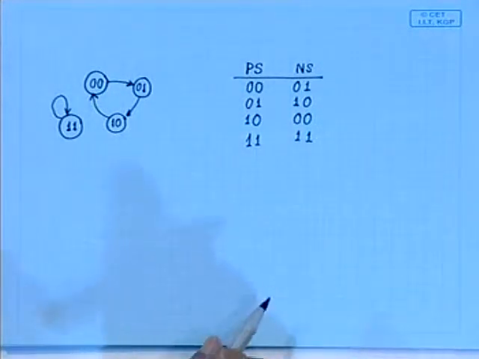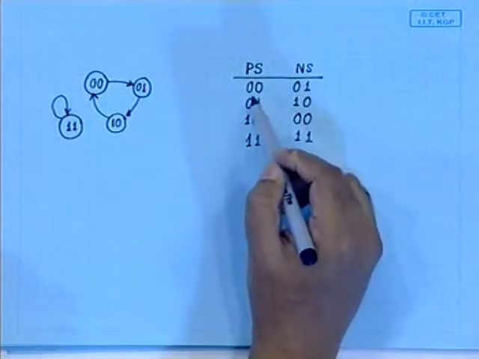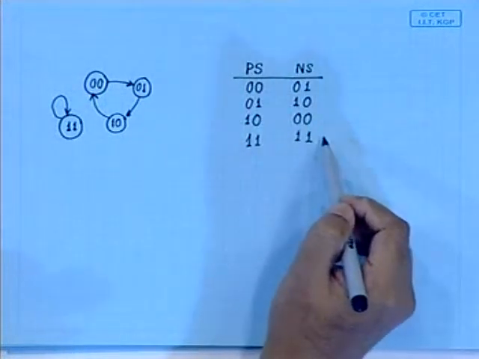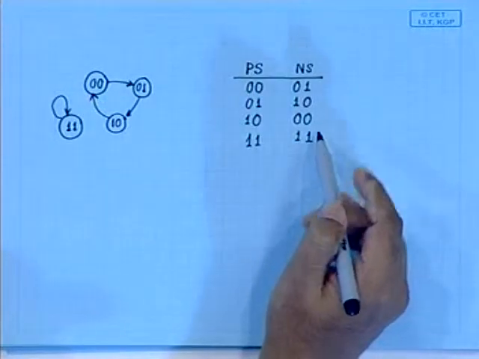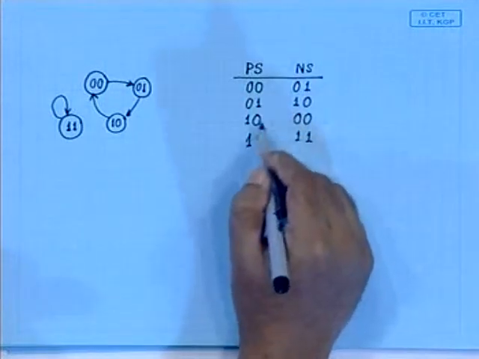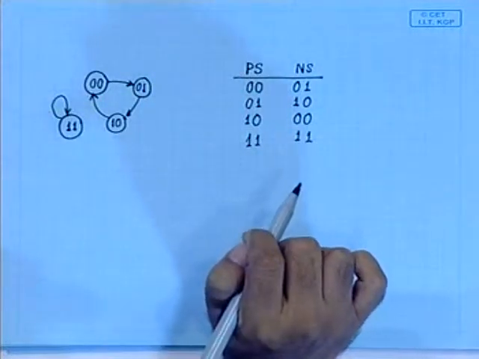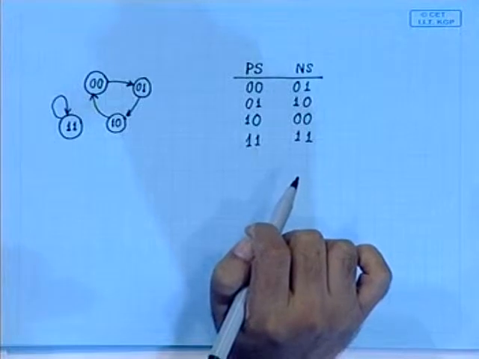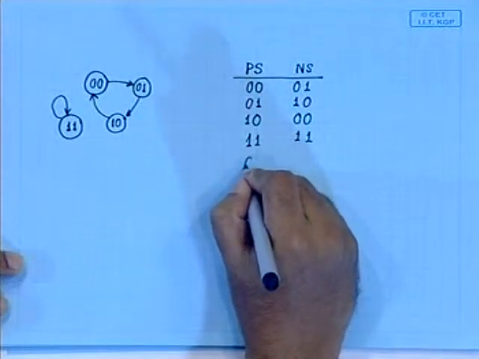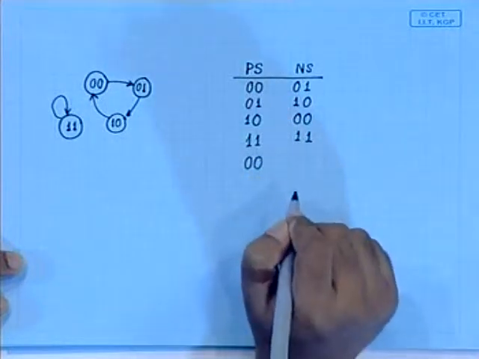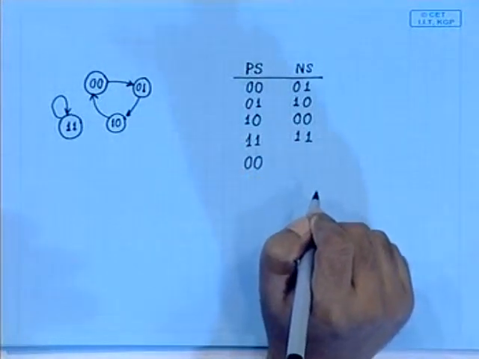Now, these are the valid transitions. There are many other 4-bit vectors apart from these. How many 4-bit vectors are possible? 16.